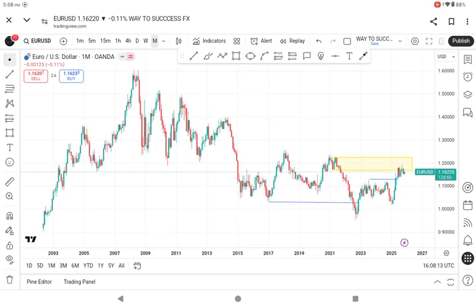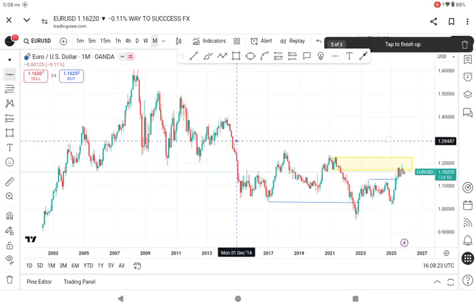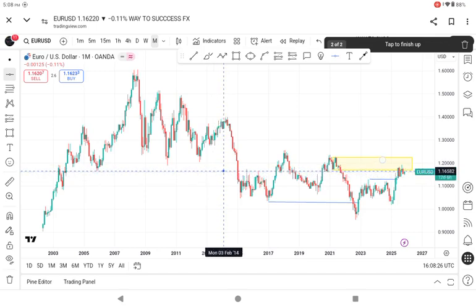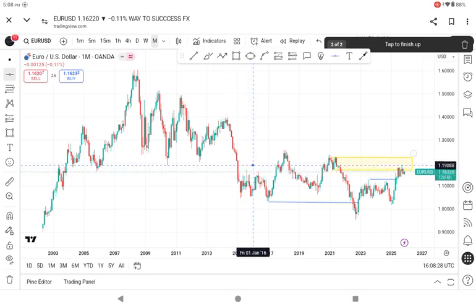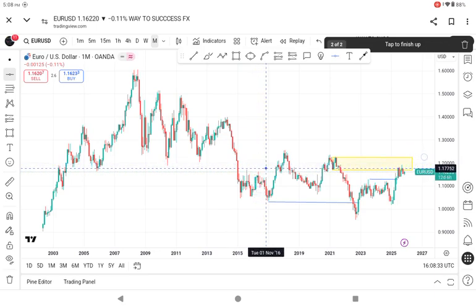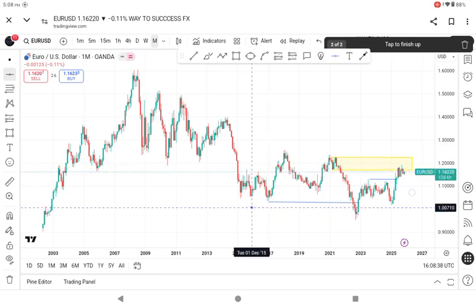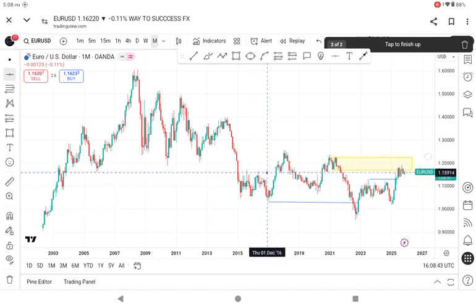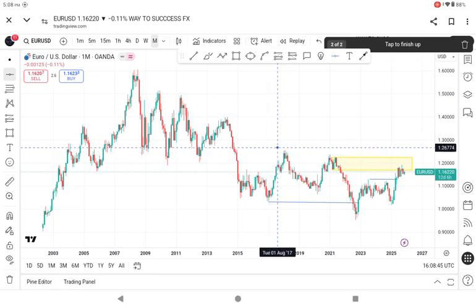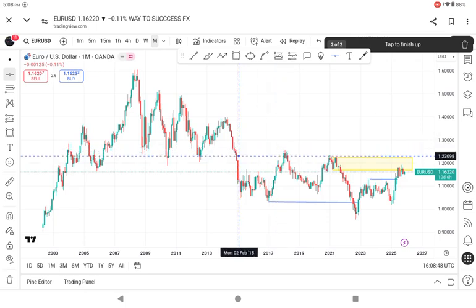Currently price is reacting in an order flow, order block, and I've taken this level here and started pushing to the upside. So that is what we have here on monthly.